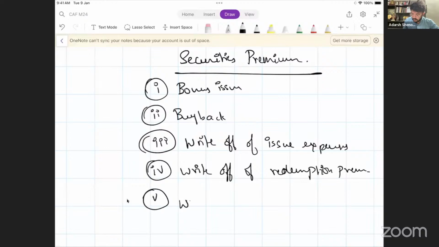And last one was write-off of preliminary expenses. So this is what the utility of security premium account is.